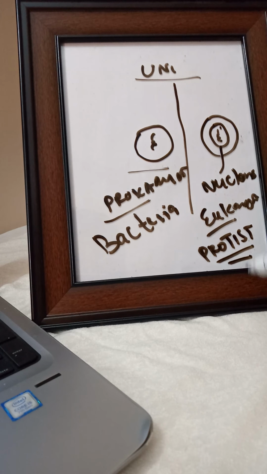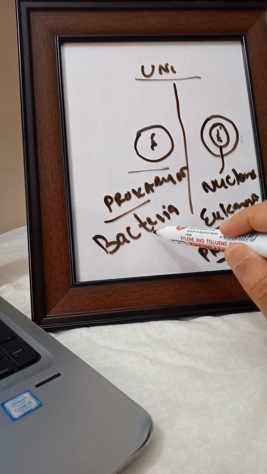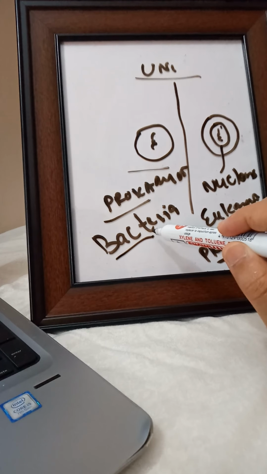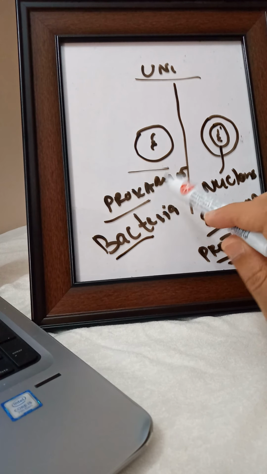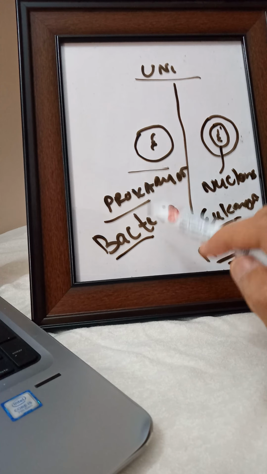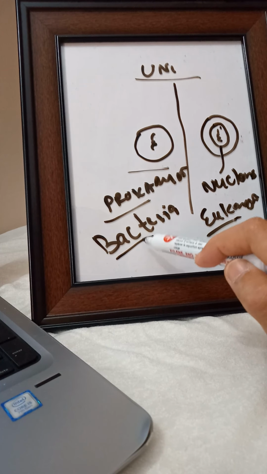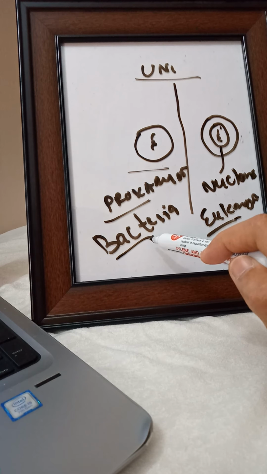These are the same protists we were talking about before, which were discovered in the pond water. They are unicellular, but they contain a nucleus, so they are called eukaryotic type unicellular, and they are named protists. That's a major difference between protists and bacteria. Bacteria are also unicellular, but they do not contain a nucleus, so they are prokaryotic unicellular microorganisms.